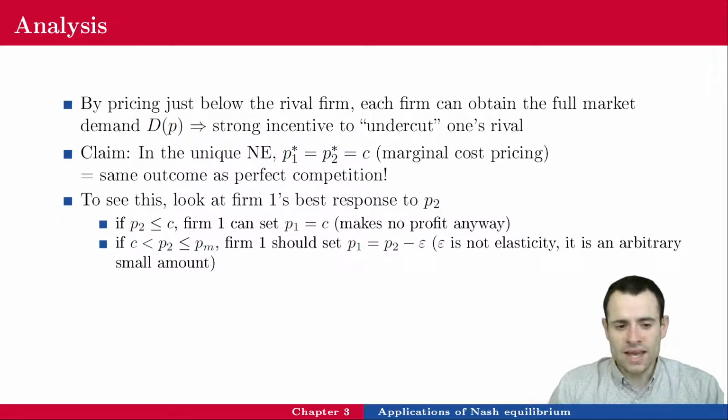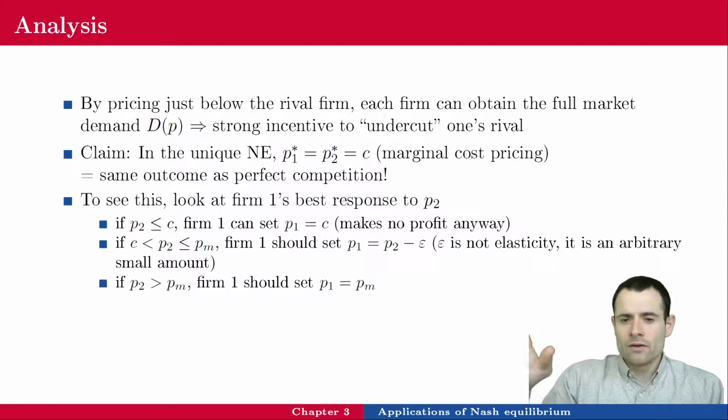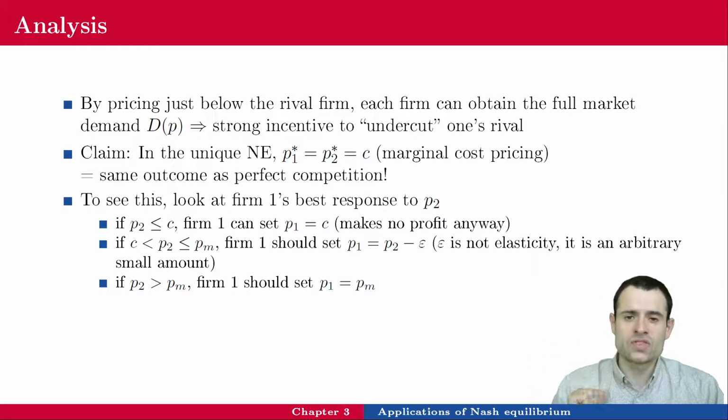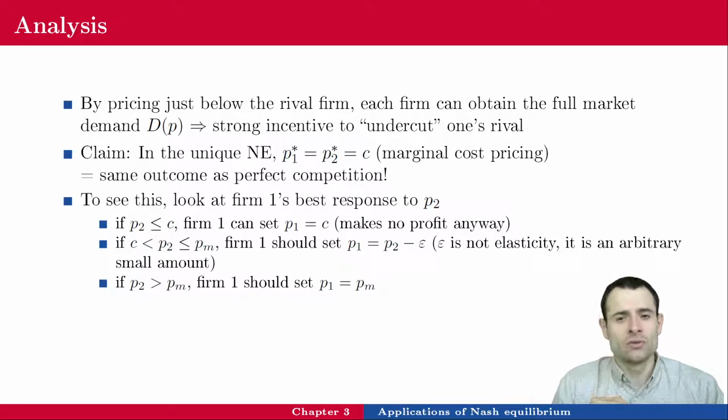Now, finally, the last case. If the price of firm 2 is bigger than PM, then, that's what I said, firm 1 should choose a price equal to PM. And this gives us the range of best responses for firm 1. When P2 is lower than C, I choose C. When P2 is between C and PM, I should choose just slightly lower than P2.